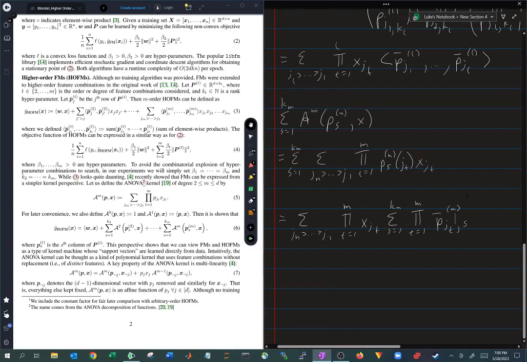And so this becomes the sum over jm greater than j1, the product from t equals 1 to m of x_jt. Then we have this inner product thing of p_j1 m all the way to p_jm m.